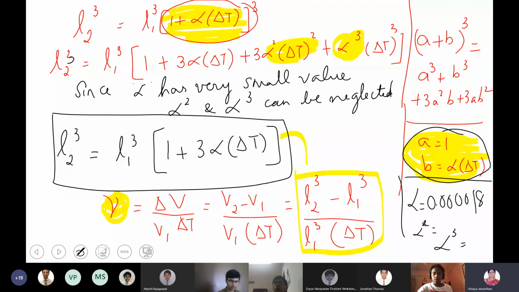Ma'am, we'll have to write delta T in terms of gamma, right? No, gamma is already there on the left hand side. You have to substitute for L2 cube, and then get the relation between gamma and alpha.